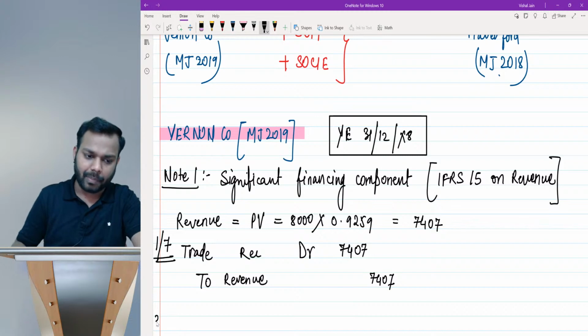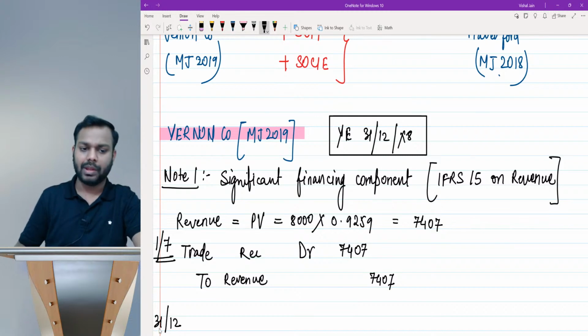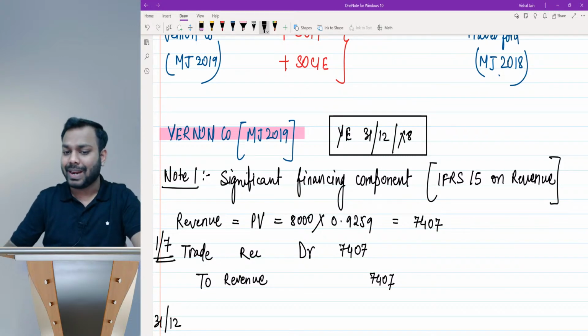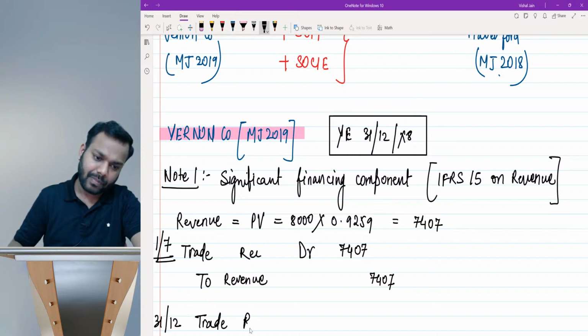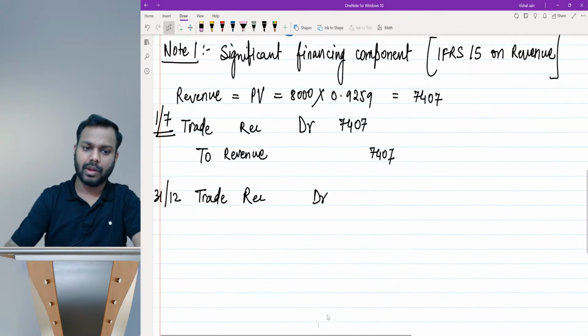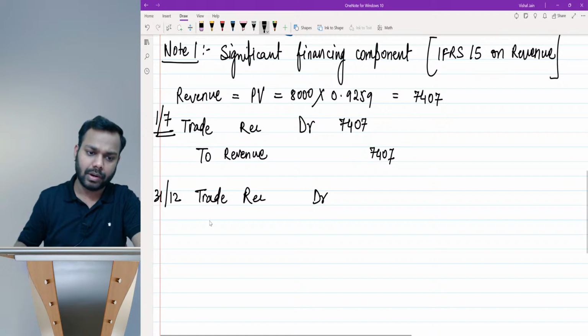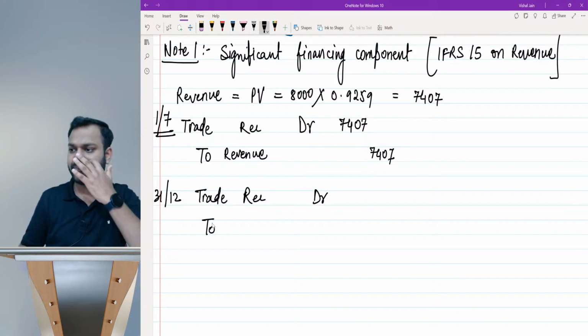Now what is the entry that will be passed on 31st December? Don't you think we will unwind this trade receivable? So what will we record? Again, trade receivable account debit, to what?